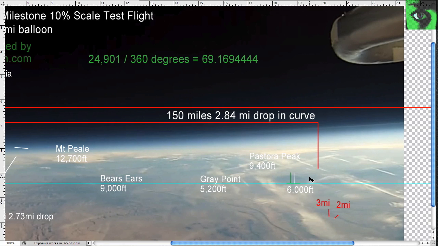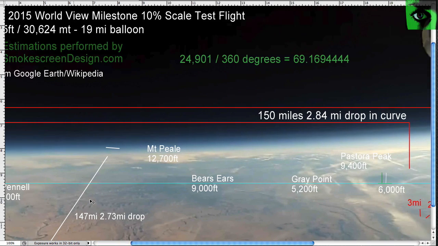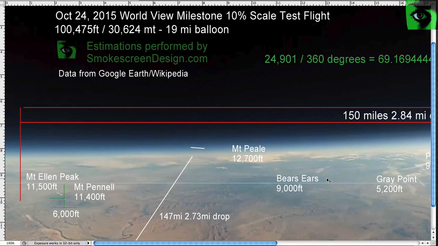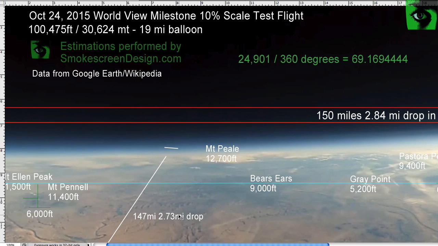Alright, so we want to use a 2 degree of change between this mount and this one, approximately 120 miles. So it really should be less than 2, but just for effect we're going to use 2. So if this was a curve, then we should see this peak and this peak, we should see them, one should lean away from the other 2 degrees.